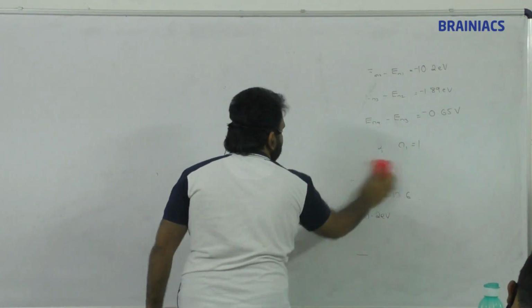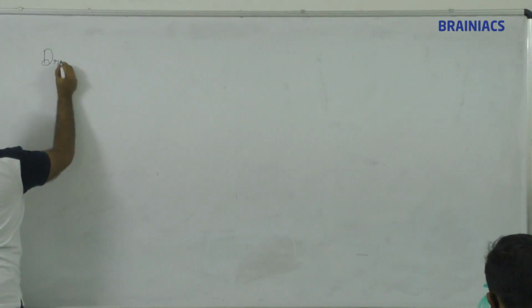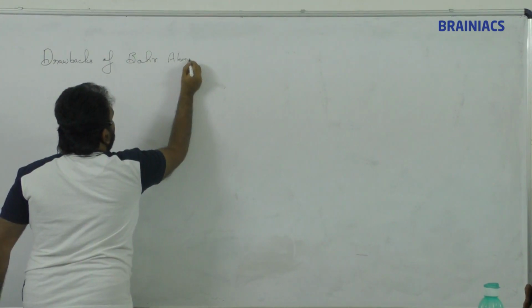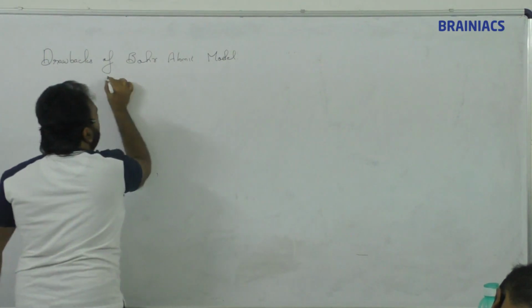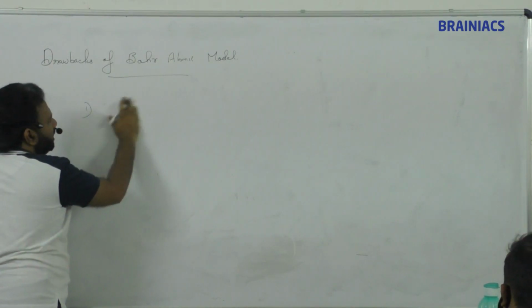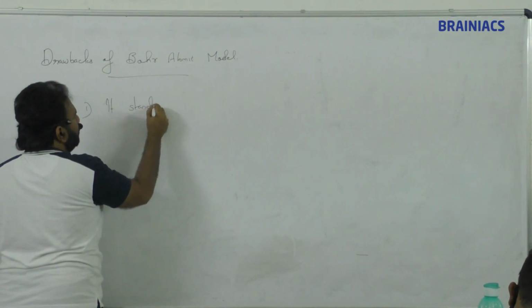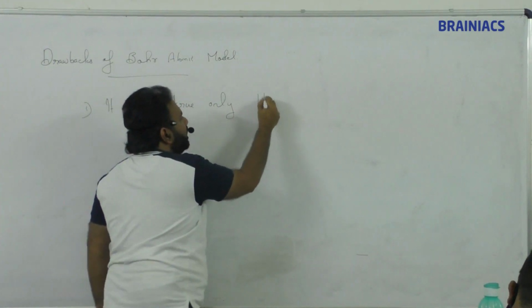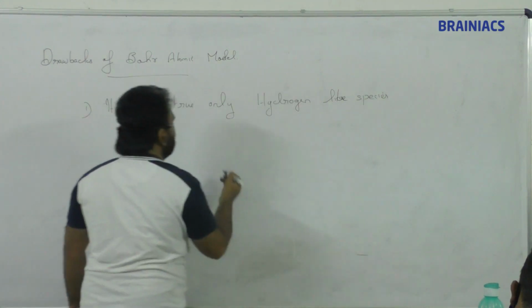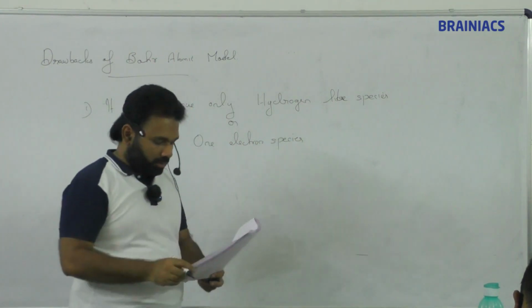Drawbacks of the Bohr atomic model. It stands true only for one electron species.